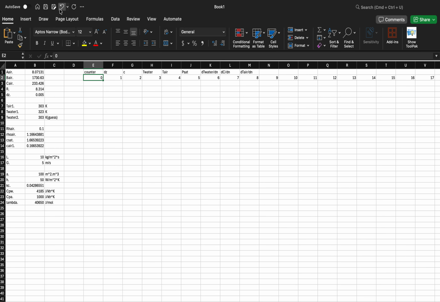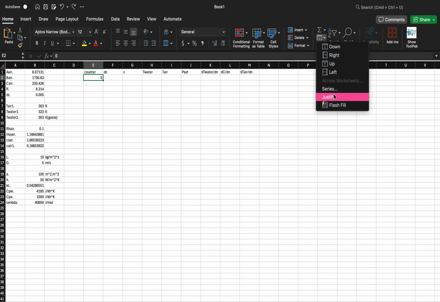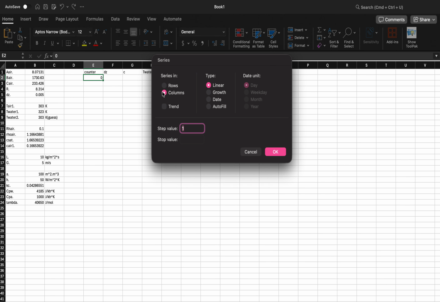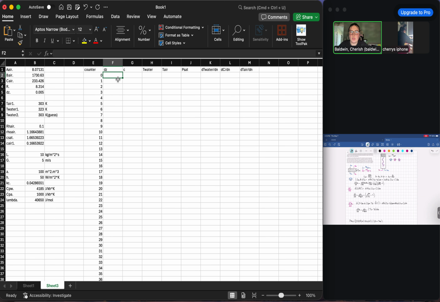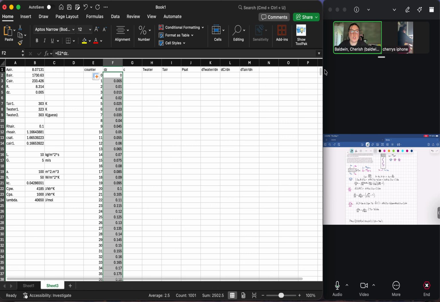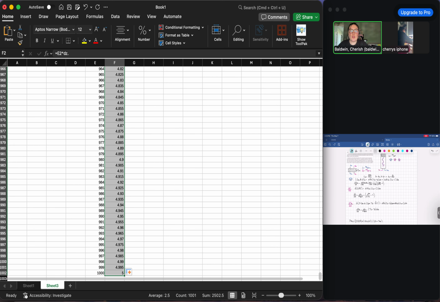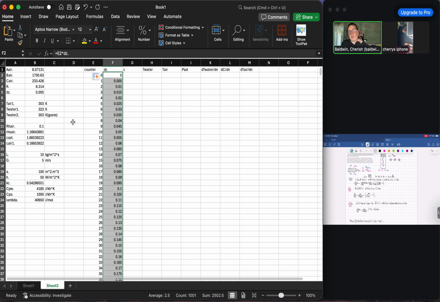Oh, I forgot to do it as a column. And then our DZ, our step value, is equal to this times our step, and that should be equal to 5 at the bottom, because our tower is 5 meters tall.